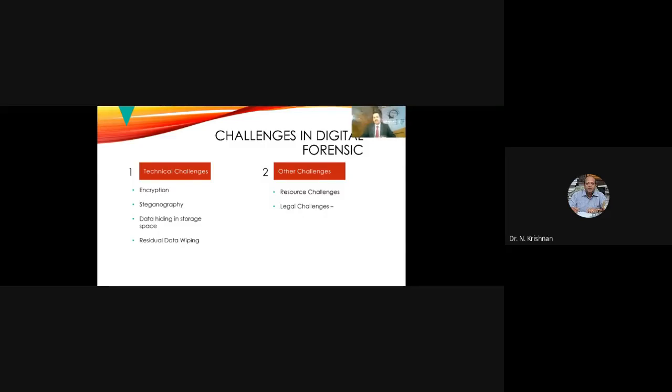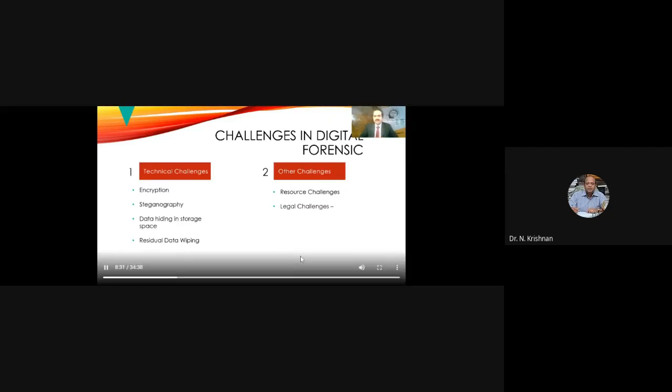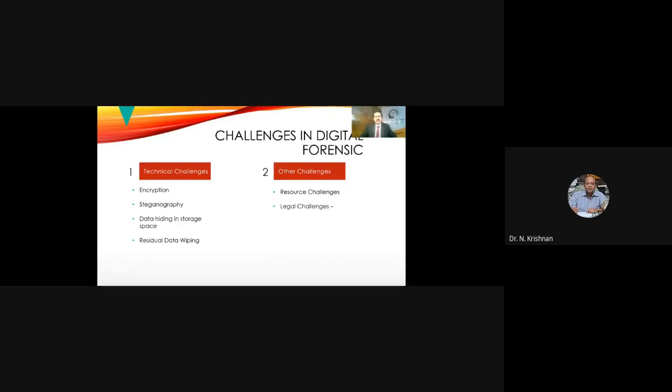Challenges in digital forensics also include the technical challenge. It is also called anti-forensics, where we get to see encrypted data, that is encryption, steganography, data hiding in a storage space. Files are hidden. Probably we'll discuss it when we do the practicals. Then data wiping. All these are some of the practical challenges we usually experience, depending upon the maturity of the cyber criminal.